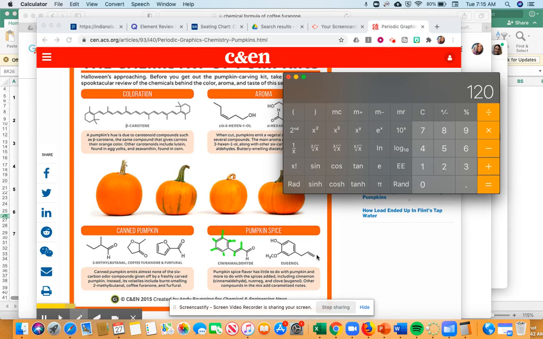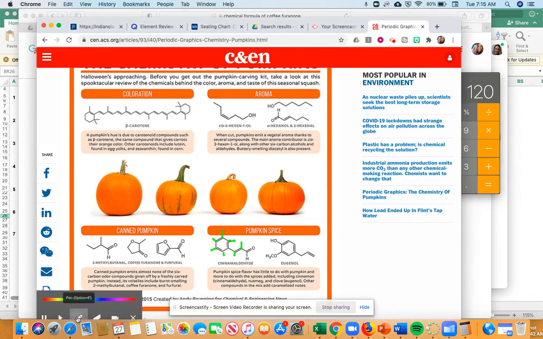Right here, this carbon has got 1, 2, so he's going to need 2 hydrogen off of the end. Then 1, 2, 3, need 1 here, need 2 here. This one, 1, 2, 3, 4 is good. 1, 2, 3, need 1. 1, 2, 3, need 1. This one's taken care of. 1, 2, 3, need 1.